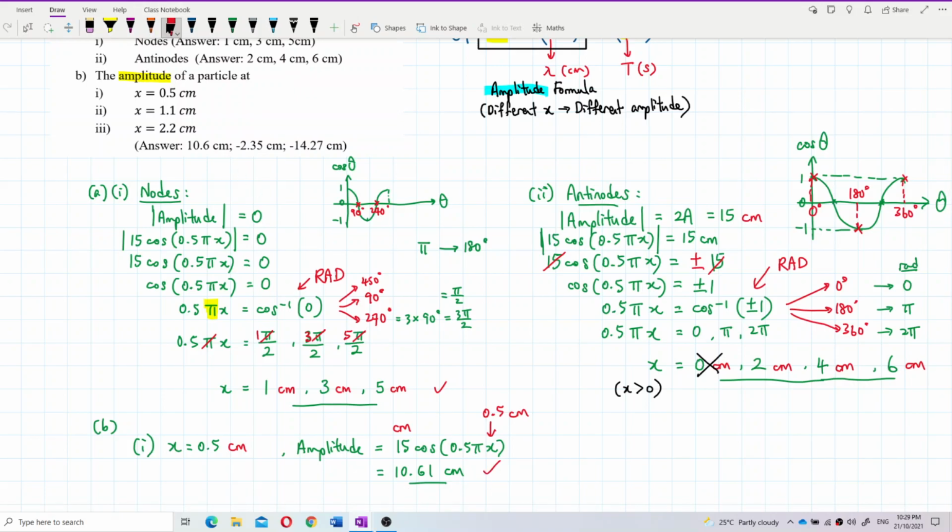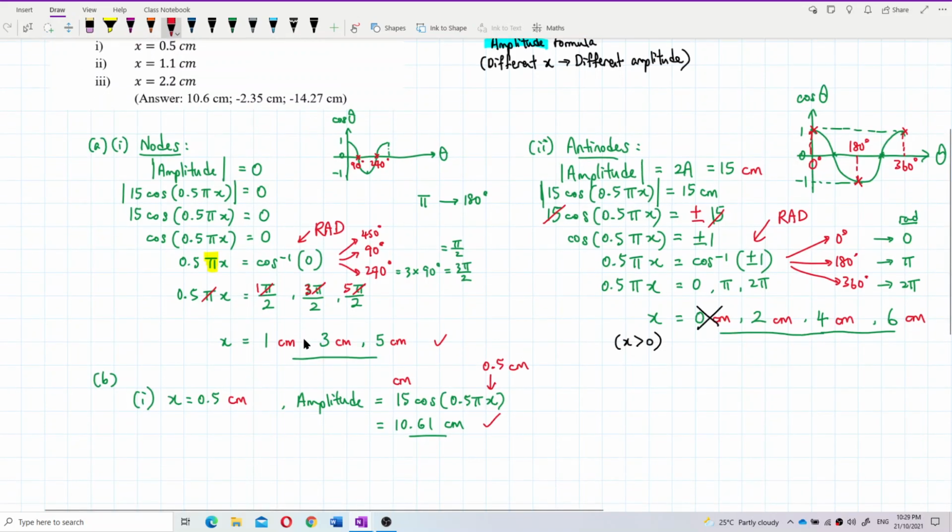So what's the next one? The next one, number 2. Find out when x is equal to 1.1 centimeter. Again, it is centimeter. So what's the amplitude?